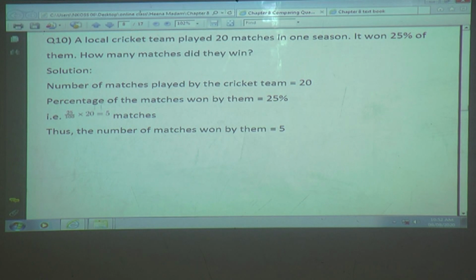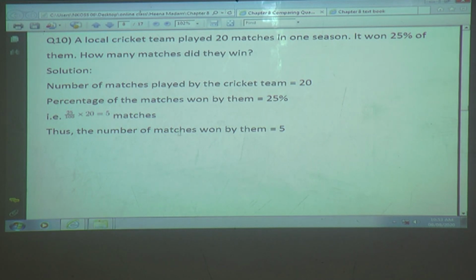The percentage of matches won by the team is given as 25%. So 25% is written as 25 upon 100 multiplied by 20. After reducing, we find that it is 5 matches.